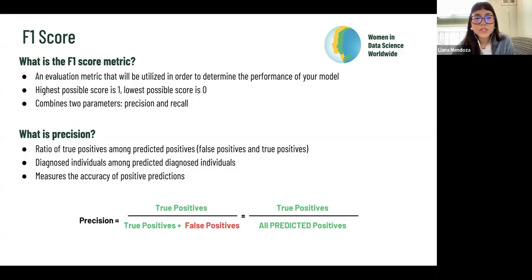More specifically, as you can see in the equation right in front of you, this is the ratio of diagnosed individuals among those who were predicted to have ADHD, both true and false positives. And then for the sex aspect, this is the proportion of female participants among the number of predicted female participants. So again, precision is just true positives over the number of all predicted positives, whether it's a true positive or a false positive.